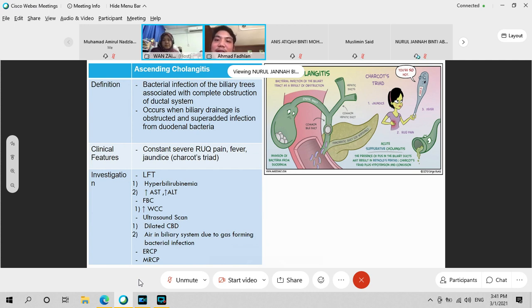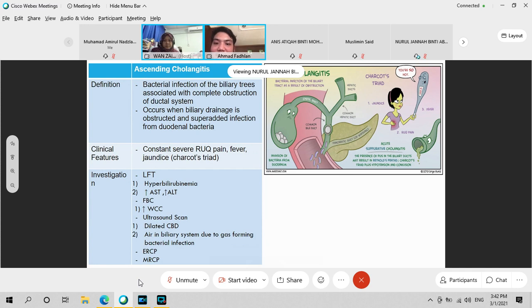So the clinical features are constant severe right upper quadrant pain, fever and jaundice, which we call Charcot's triad. For the investigation, we need to do liver function test: hyperbilirubinemia, increase in AST and ALT. For the full blood count, increase in white cell.